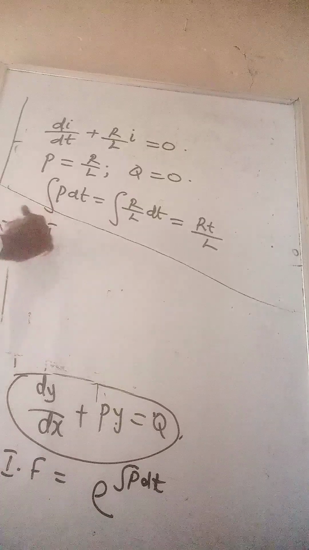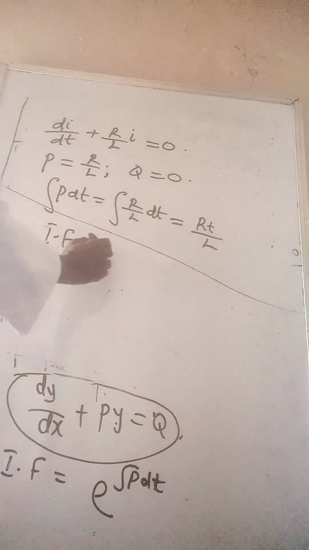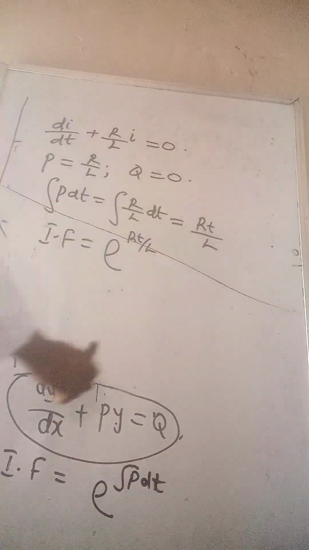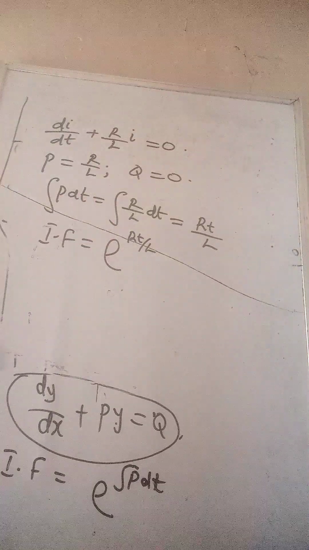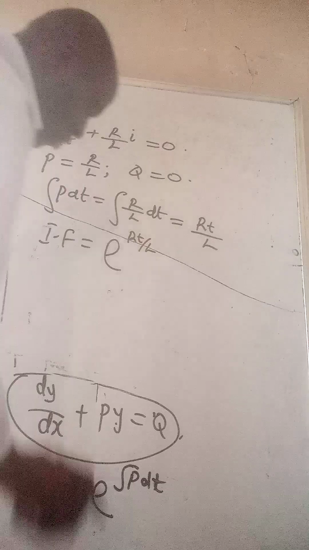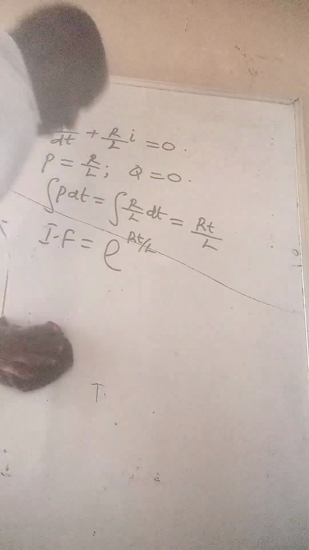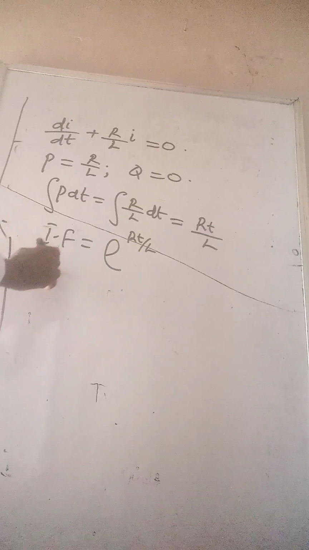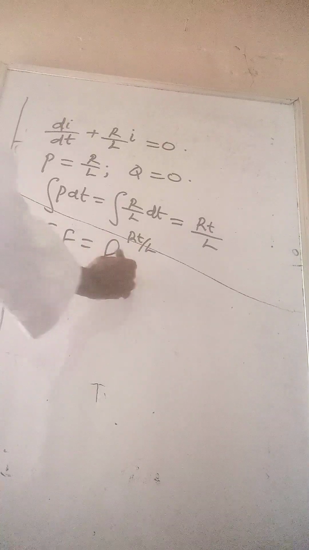That means the integrating factor will be e to Rt over L. That is our integrating factor. So, having gotten your integrating factor, what next? You find the complete solution.